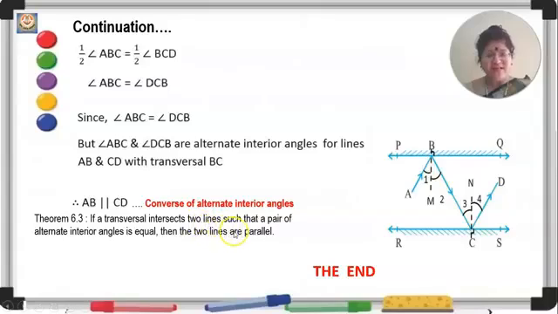So if it intersects two lines such that a pair of alternate interior angles is equal. So we got angle ABC congruent to angle DCB. So we got a pair of angles which are congruent. But what kind of angles are they? They are alternate angles. So in such a case, the lines will be parallel.